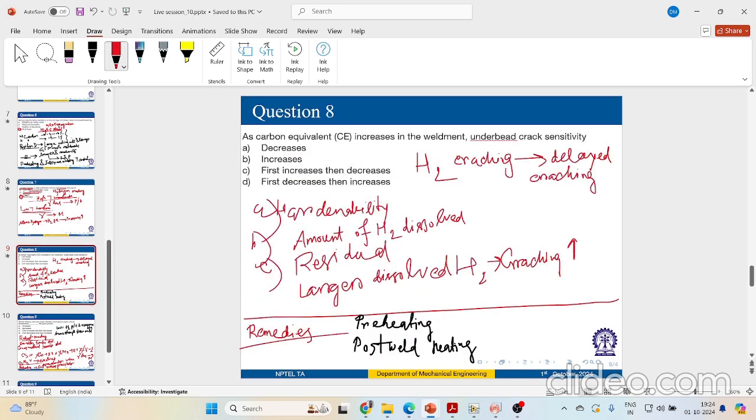Now, as carbon equivalent increases in the weldment, underbead crack sensitivity. So let's talk about crack sensitivity. If you're having carbon equivalent that is getting increased in your weldment, that is always going to increase, right?